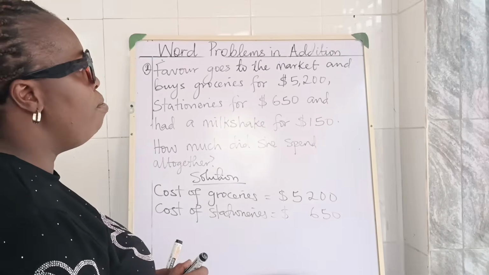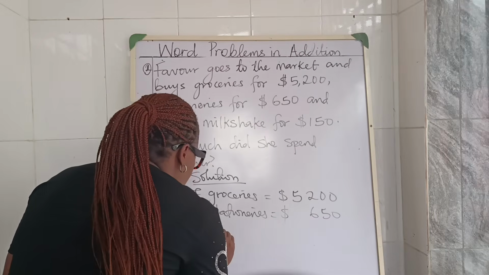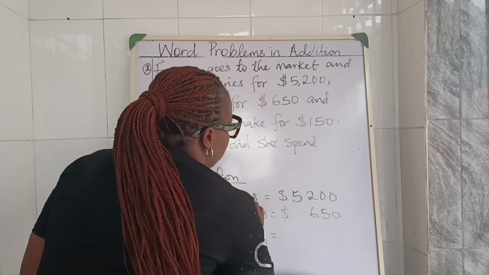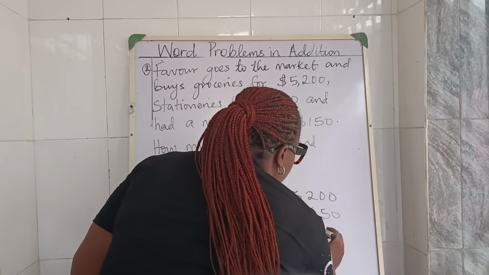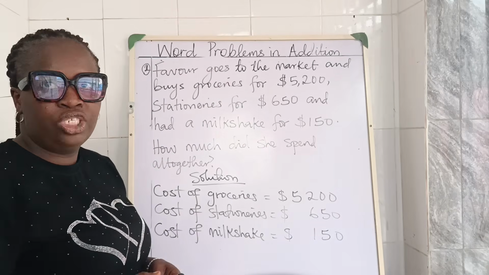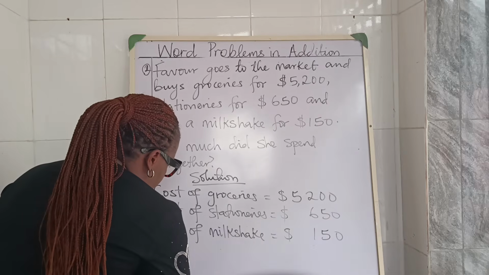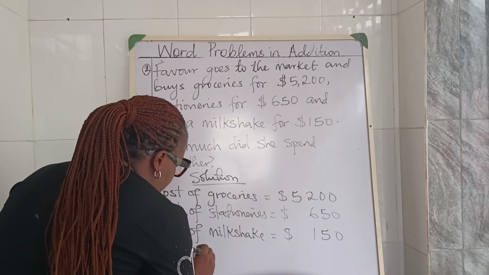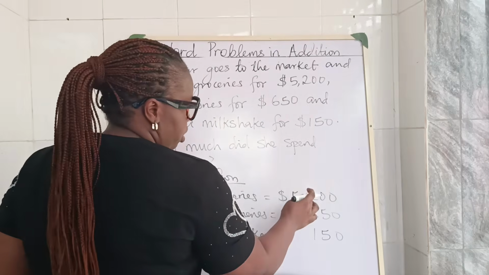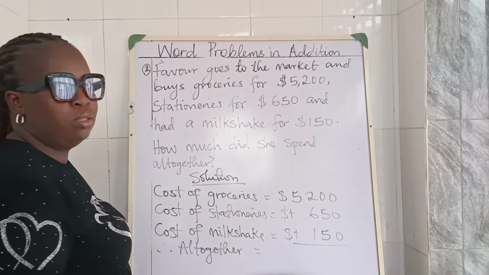And she had a milkshake, $150. Therefore, how much did she spend altogether? Therefore, altogether equals to this plus this, and we add it together.